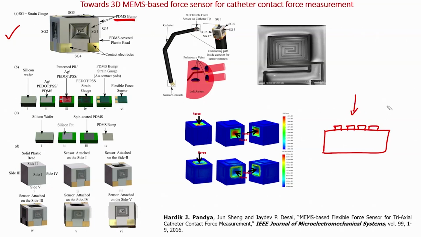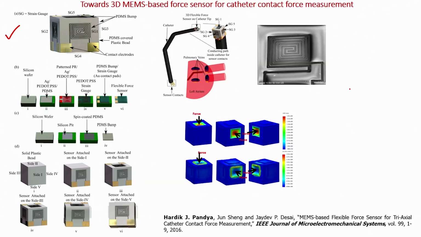If I use a bump and apply a pressure, then it will transmit to all the area, so a uniform transmission of the force can happen. So, a PDMS bump can be used for transmitting the force onto the strain gauge.